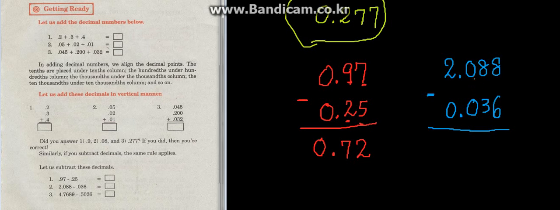So after you do that, you'll have the tenths in the tenths column, the hundredths in the hundredths column, and the thousandths also aligned. Okay, do the subtraction. 8 minus 6 is 2. 8 minus 3 is 5. And then 0 minus 0 is just 0. And then 2 minus 0 is 2. So what you get is 2 and 52 thousandths. That's the answer.